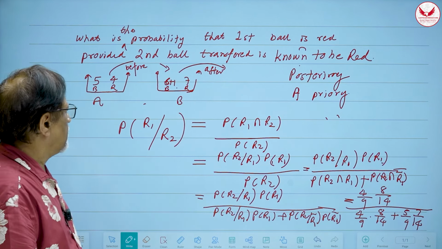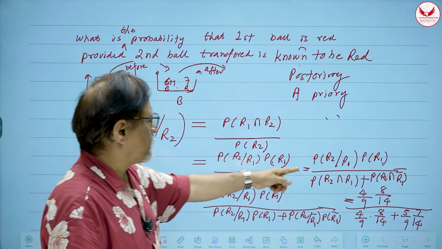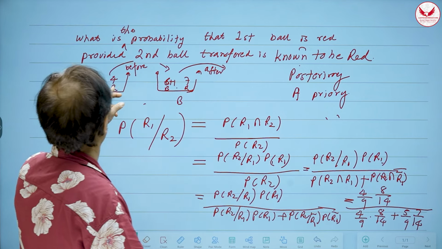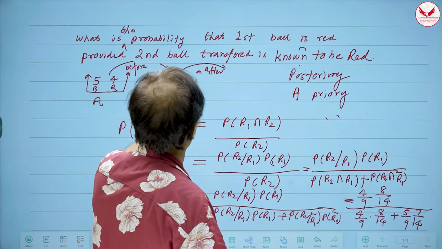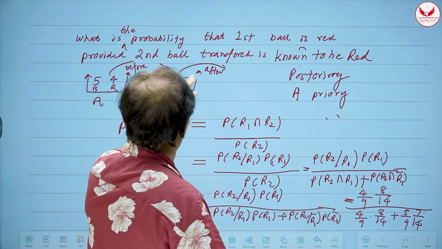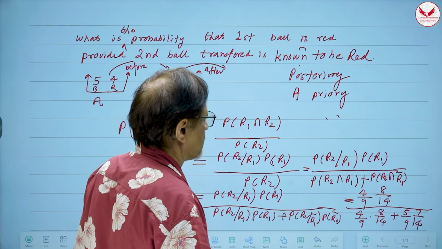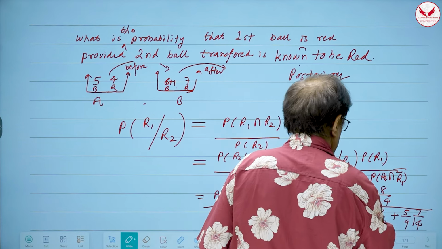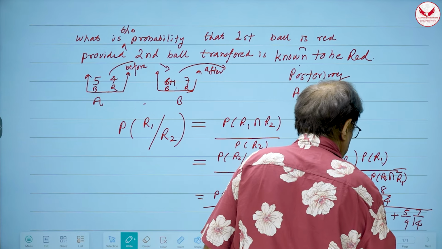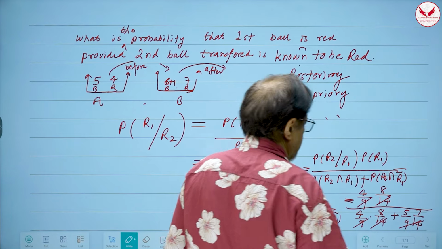Again I'll repeat. First numerator: first ball transferred is red. How many red balls are there? 4 out of 9. Then how many red balls are here? Because the first ball was red, it is 8 out of 14. So therefore this is the calculation. Now if it is not red, then this is the calculation. Now the 9 and 14 factors all get cancelled.